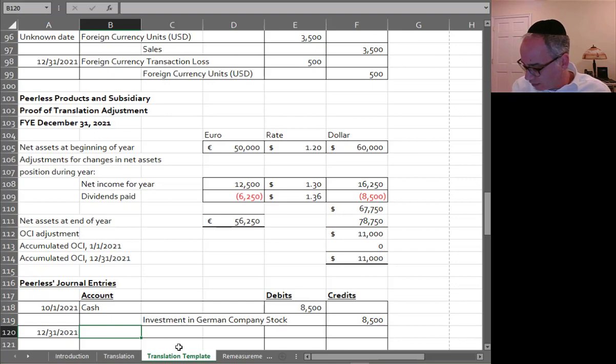Then we have the income of the sub. We're just going to calculate the direct translation of the income here, which would be the income of the sub times the exchange rate. In this case, it would be debit investment in German company sub.